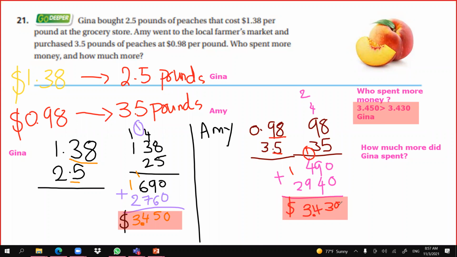What do you mean by how much more? This is a keyword to do what? To add or subtract or multiply or divide. If I ask you about the total, you have to add. But how much more? What do you have to do?